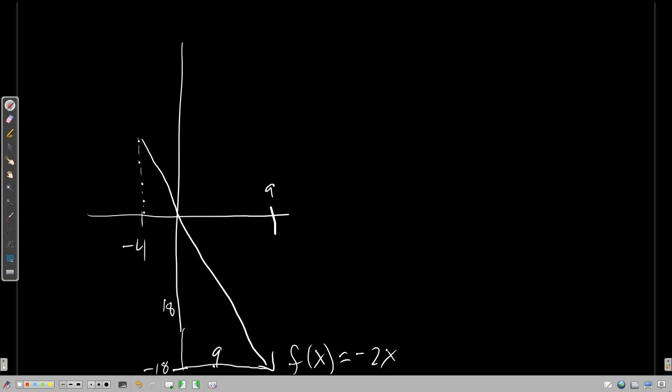So it's half of a rectangle whose sides are 9 and 18. Here you will get minus 81.